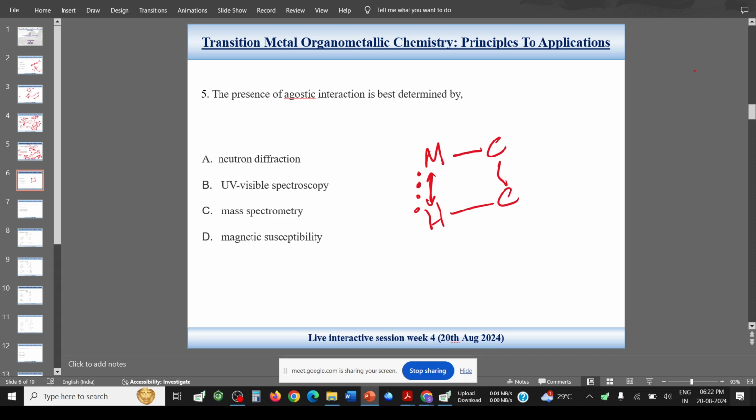Which experimental method will determine these types of interaction? This is the question. How will you determine that any agostic interaction is there or not? There should be an experimental evidence or proof which shows us that the agostic interaction is present.